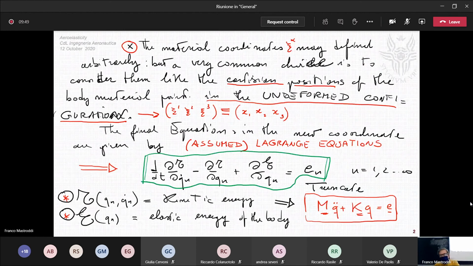Another point I discussed with you last time is about the material coordinates ξ1, ξ2, and ξ3.